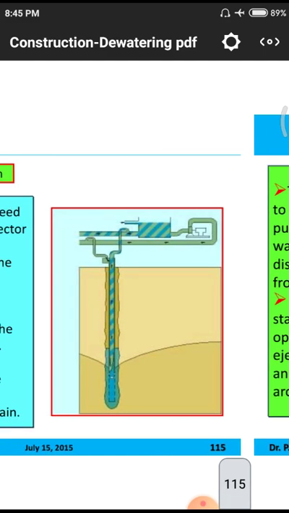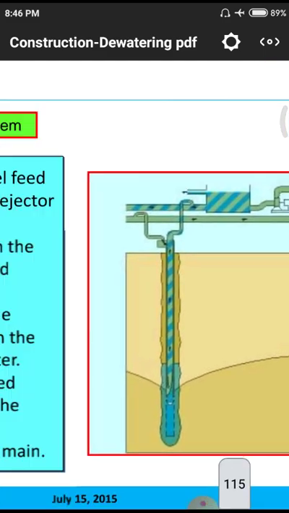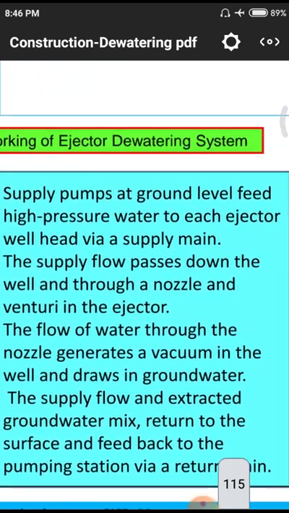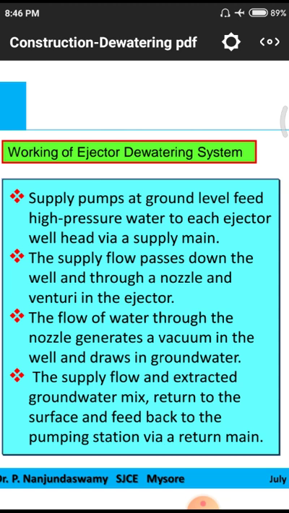This is the diagram showing how these ejector wells work. Working of an ejector dewatering system: supply pumps at groundwater level feed high-pressure water to the ejector wellhead via the supply main. Supply pumps means normally we have a main pipeline system connected to the ground surface, and that pipeline system is connected to another main supply pipe.